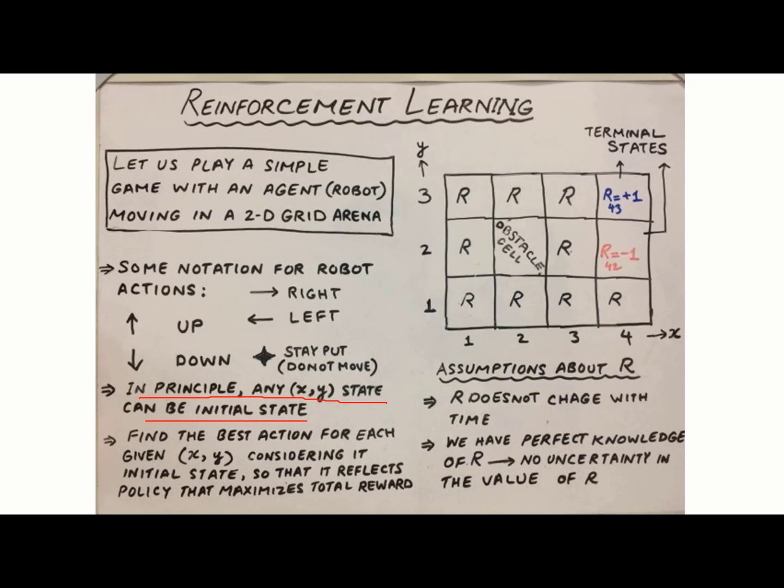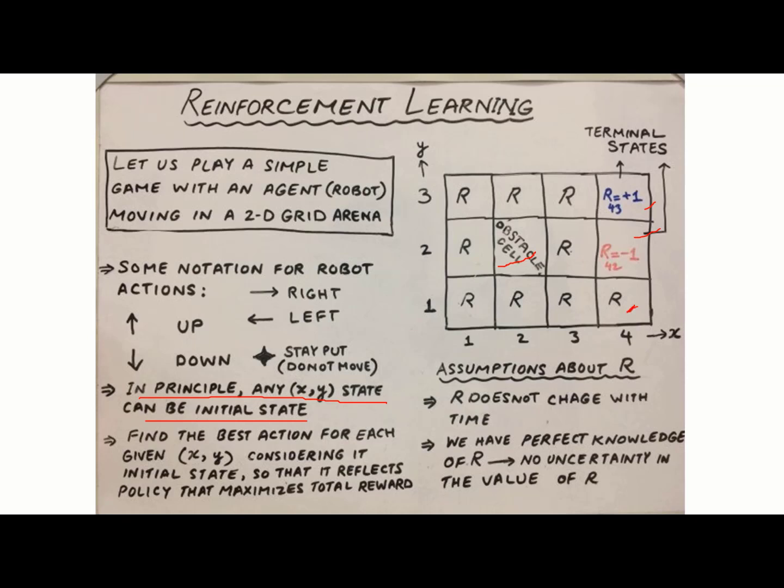Obviously, the initial state cannot be the obstacle state or any one of the terminal states. But all other states can be the initial state, because our robot can start its journey even in a state which is very close to the terminal state, let's say 4, 1.